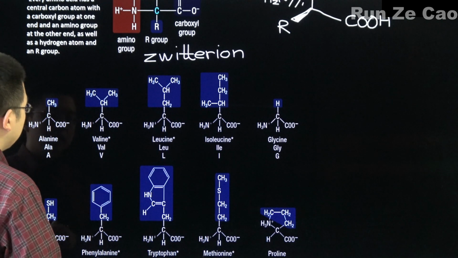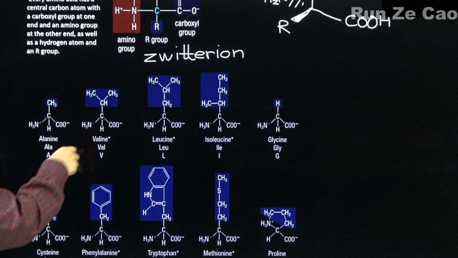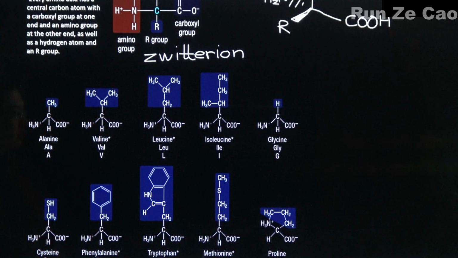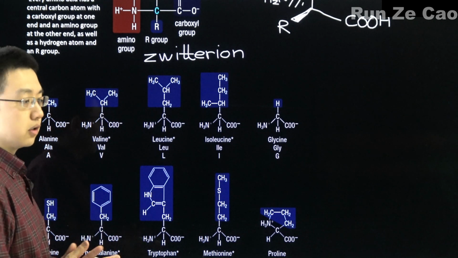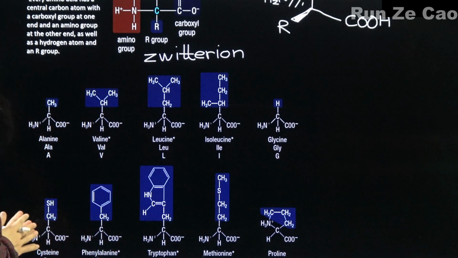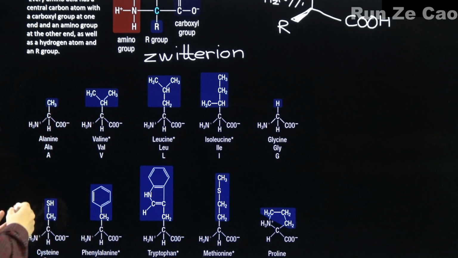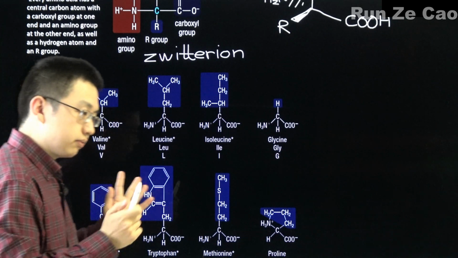Besides forming the amide bond and also forming the opportunity for some hydrogen bonding right there, which is responsible for, say, the alpha helix or beta pleated sheet for that matter, the main determinant of an amino acid's behavior is the side chain, the R group.